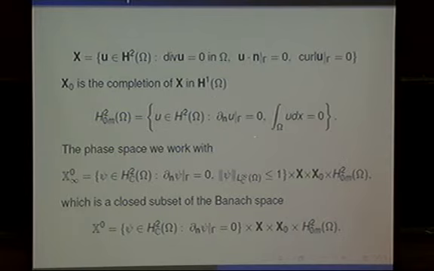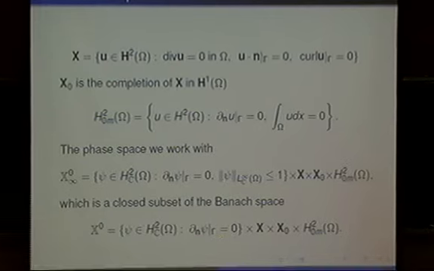And finally, we work with the phase space. The first one is for the complex order parameter psi. The second one is for A. The third one is for the time derivative of A. And the fourth one is for the electric potential. And this phase space is a closed subset of the following finite space.